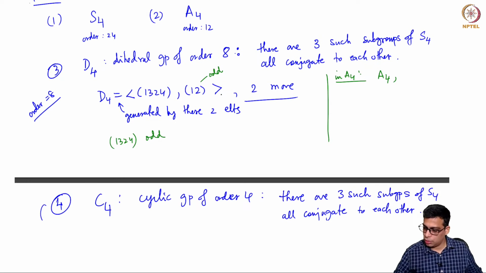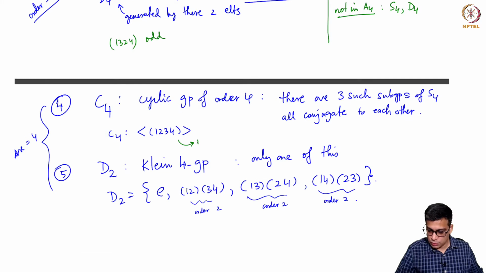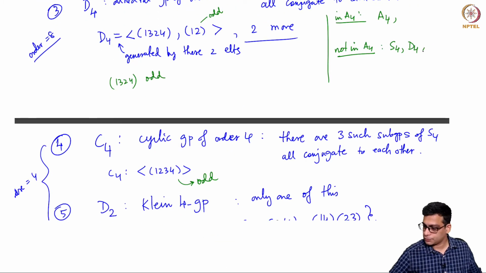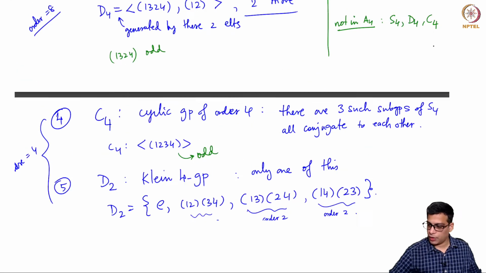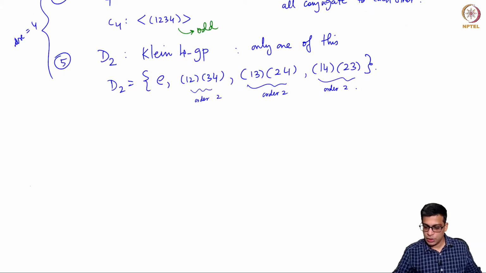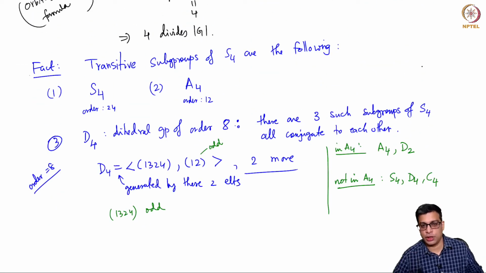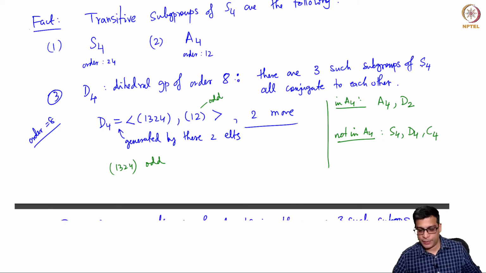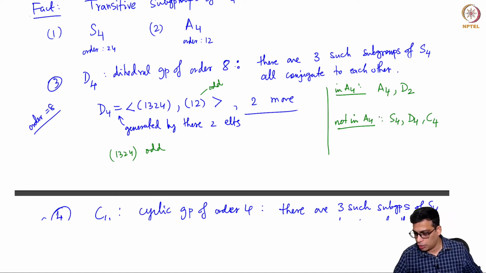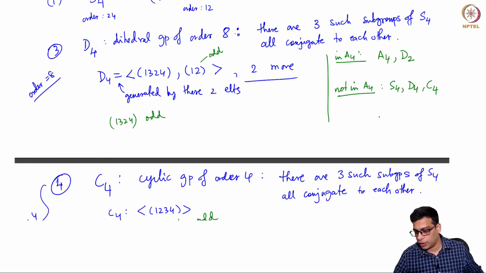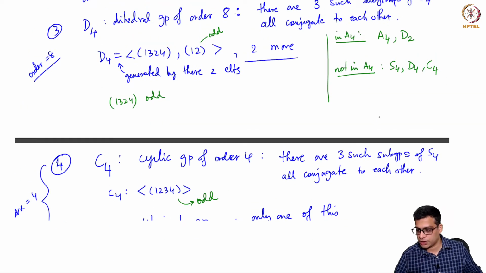Okay, so not in A4 will be D4, S4 of course, and this also is not in A4. Okay, and the last one is in A4 because this is a product of 2 transpositions. So this is even, all these are even. Okay, so there are 5 possible non-isomorphic groups, possibilities for capital G. 3 of them are going to contain odd permutations, so they are not in A4, and 2 of them consist only of even permutations, so they are in A4.